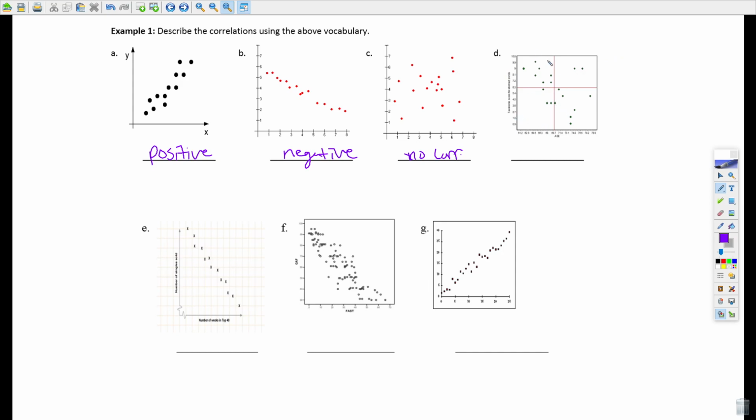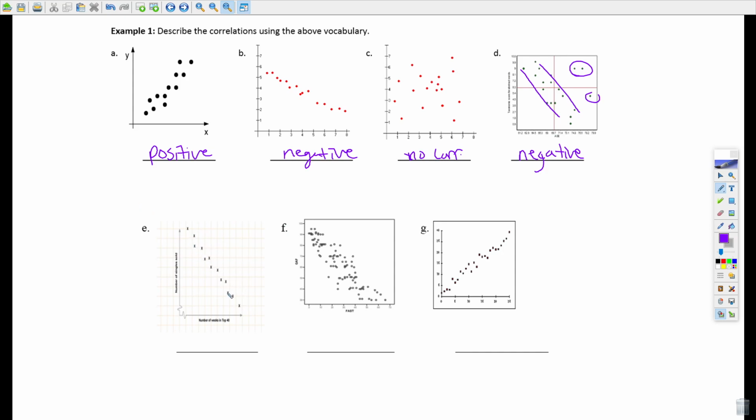D, if you look at this one, it kind of looks like it's going downhill. These dots here look like they would kind of be outliers. I think the trend is kind of like they're all going downhill. So I would probably say this one's negative, but I could see why you might think it's a no correlation. But I'm going to call this one negative. It looks like it's more so sloping downwards.